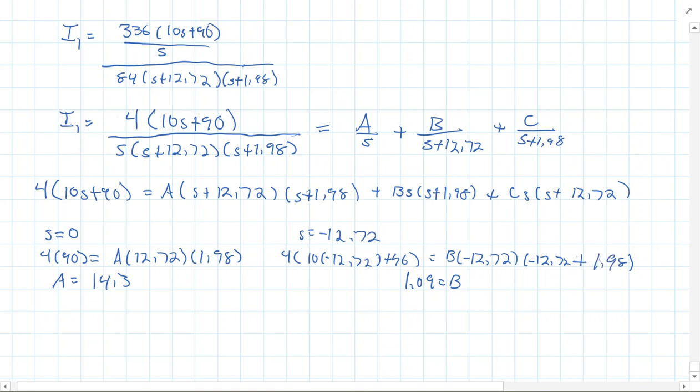And then finally, we would do s equals negative 1.98. If we did that, we would get 4 times 10 times negative 1.98 plus 90 is equal to c times negative 1.98 times negative 1.98 plus 12.72.